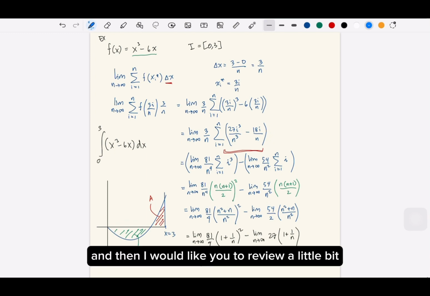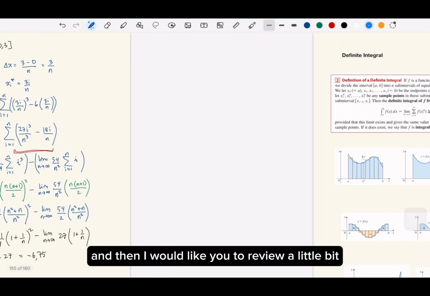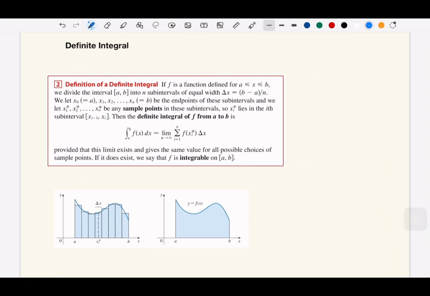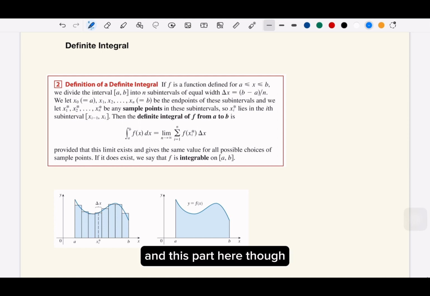And then I would like to review a little bit of what we did last time, with a clearer statement. So this is the definite integral definition. And this part here, the right part, is the sum.